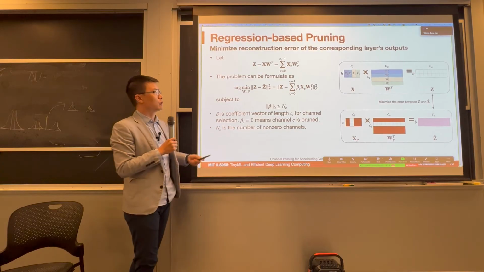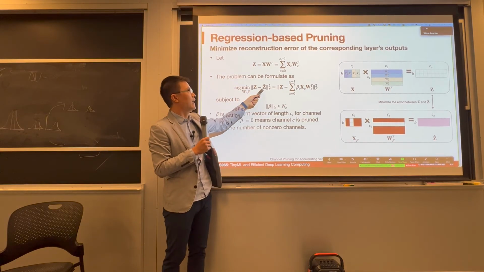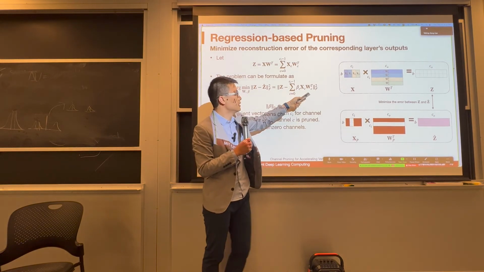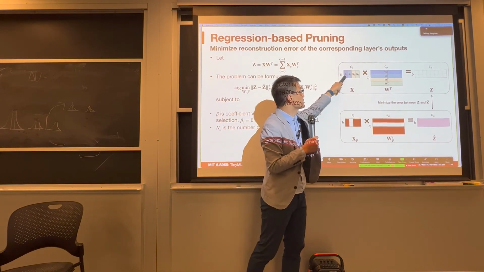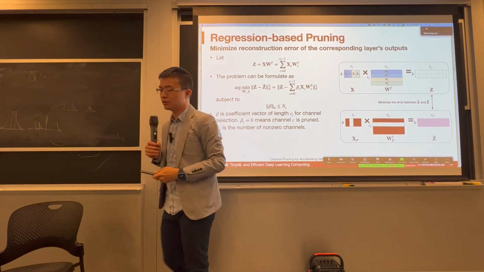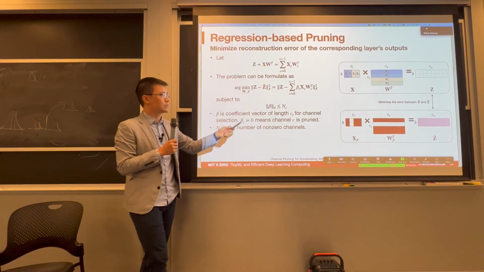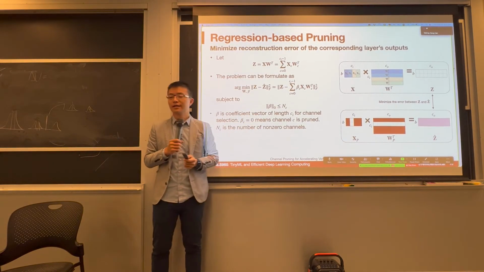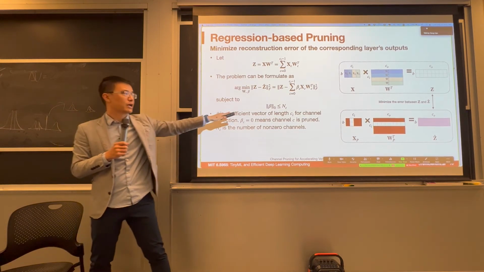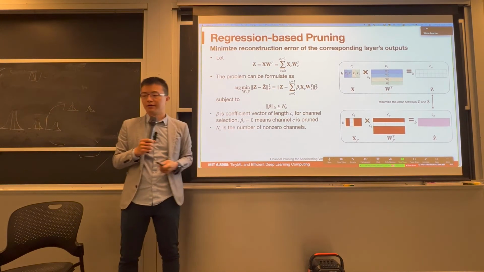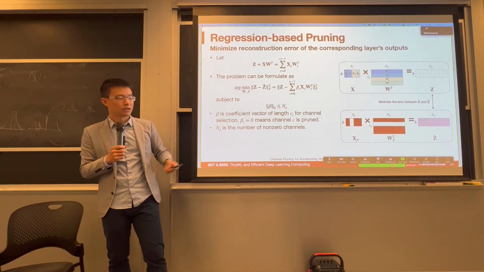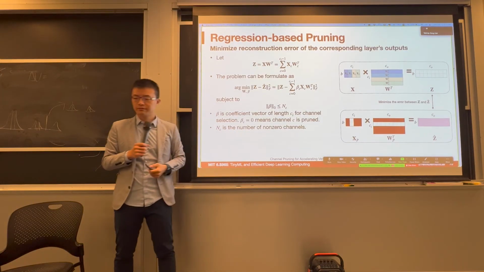So the new problem is to minimize the distance between z and z hat, and z hat is basically the sum of different x times w multiplied by this beta c. We want to control this beta c, the number of non-zeros in beta, and all of them together should be smaller than n, which is the number of non-zero channels.